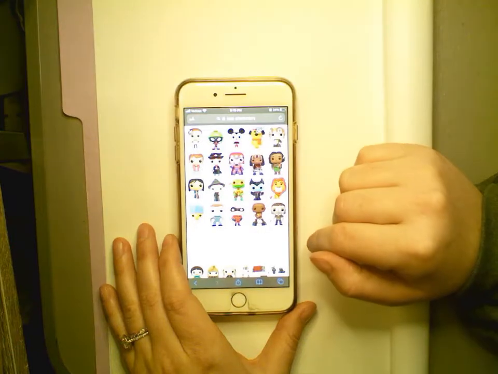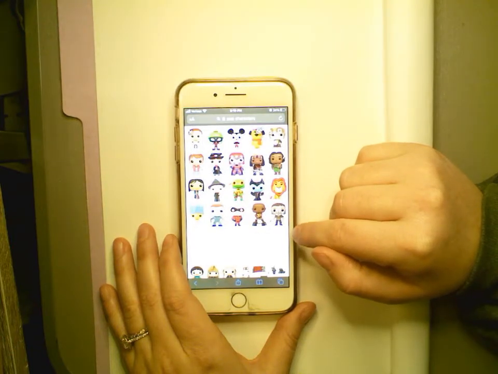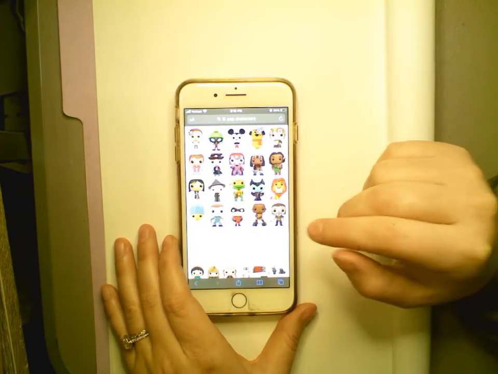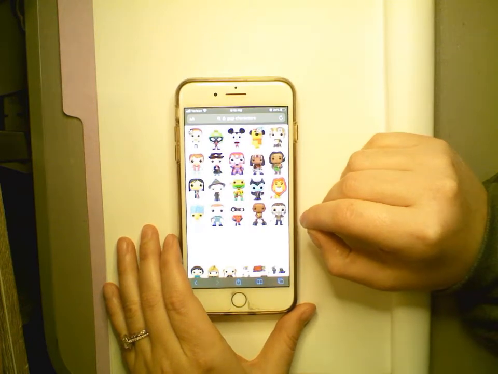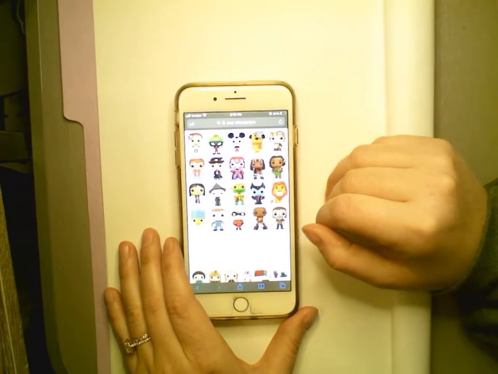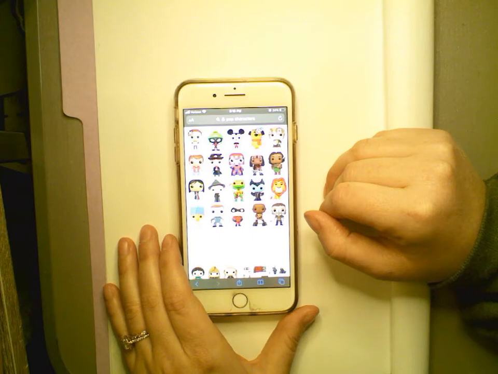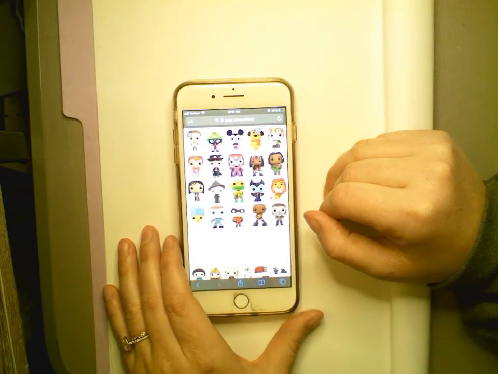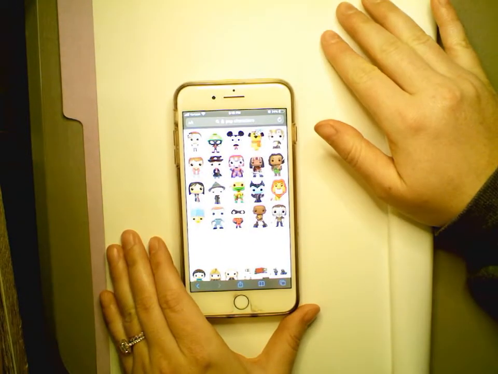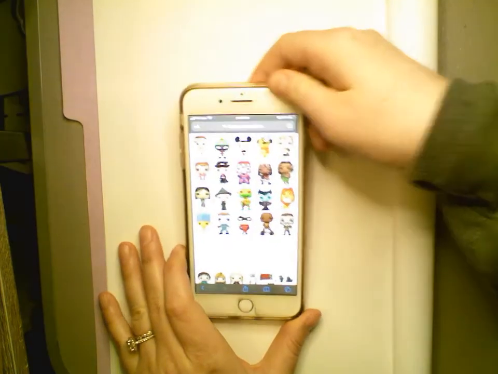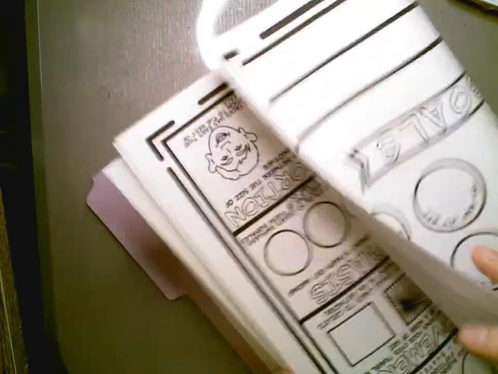So you'll notice that their eyes are large and their head is large and their bodies are small. So that's what we're going to focus on today, and it's called distorted proportion. You'll find it in your purple art folder as well. So let's take a look at distorted proportion.